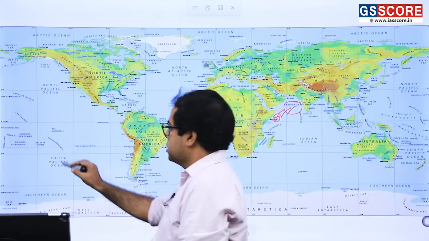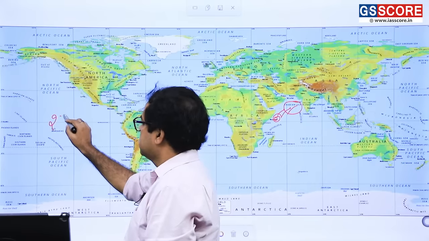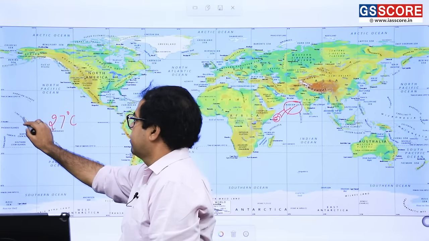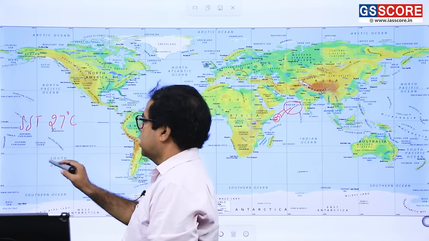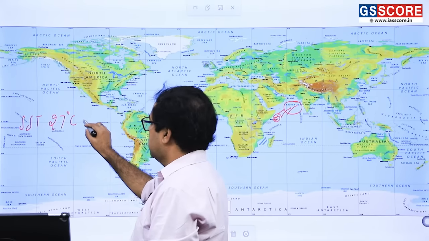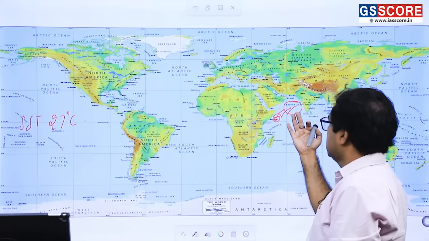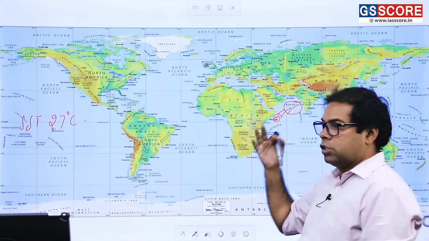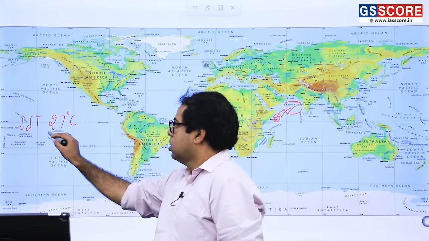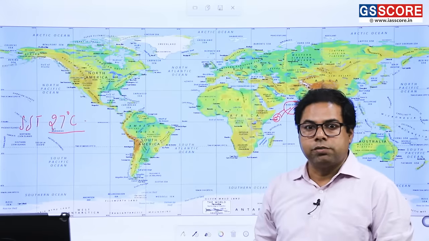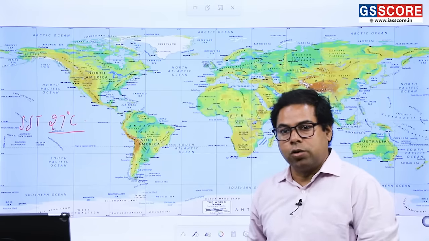Generally, if we see the cyclone condition, the temperature of the sea surface has been observed at 27 degrees Celsius or relatively more, but during the summer time the temperature of the sea surface is not recorded that high in the summer of the northern hemisphere or the summer of the Indian subcontinent.